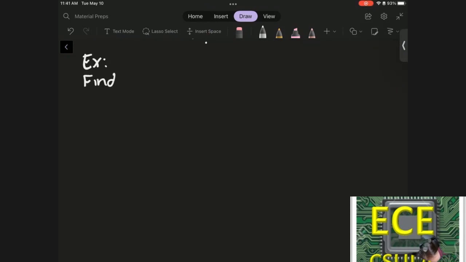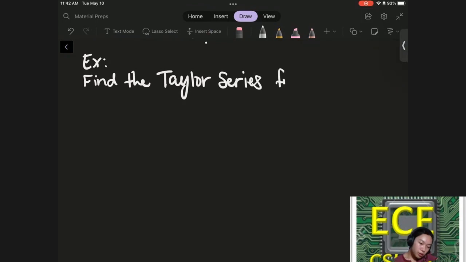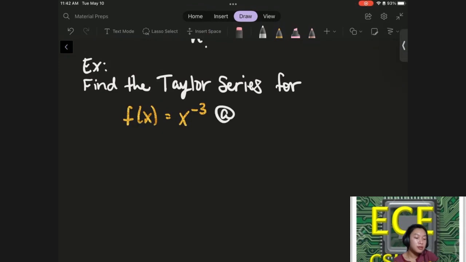Let's find the Taylor series for f of x equals x to the minus 3 at c equals 1. So I wrote in gold what we need for the Taylor series equation.